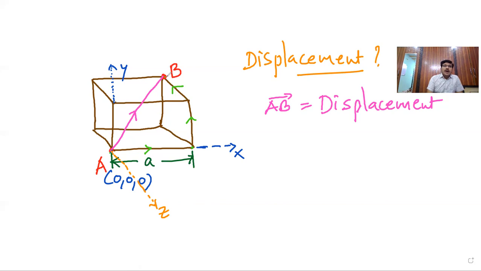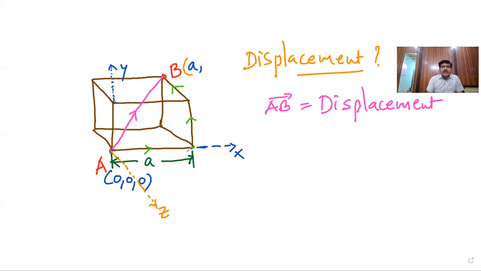Now, I want to find out the coordinates of B. So here is the origin. How to find out the coordinates of B? The man is walking towards B, towards the X direction, how much? a length. He is walking a in the X direction, small a.